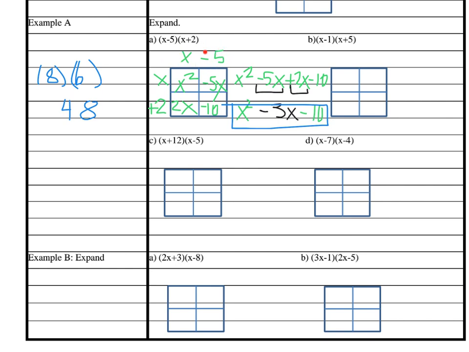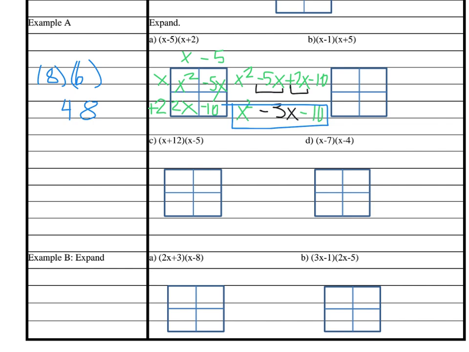These are the factors that we multiply together to get our answer in expanded form. So the product 48, the answer of the multiplication of 8 times 6 is 48. It's the same thing over here when we do x minus 5 times x plus 2. We get the product over here, x squared minus 3x minus 10. So this part is like the 48. So let's try the next one.